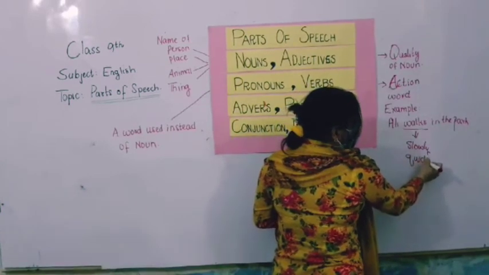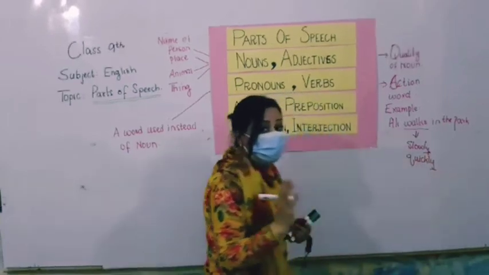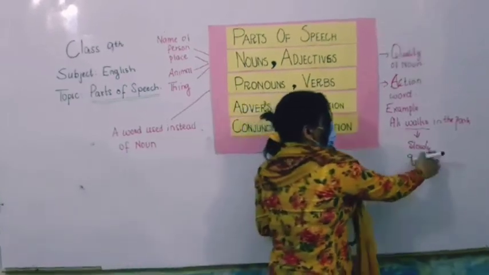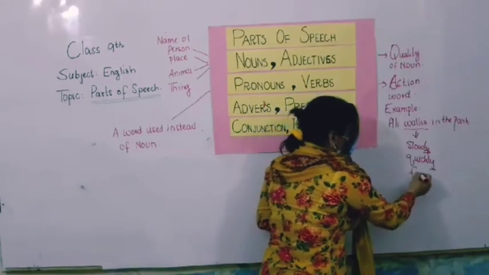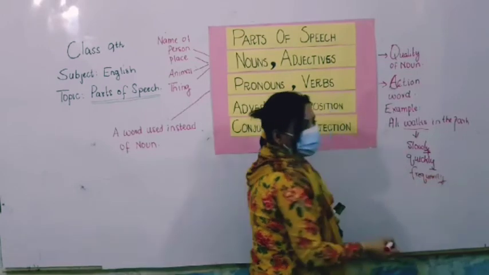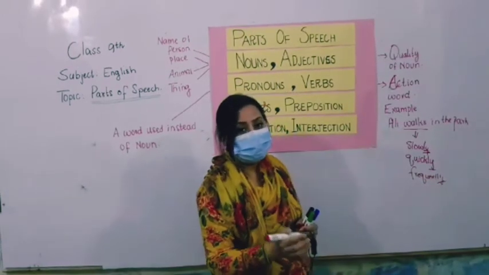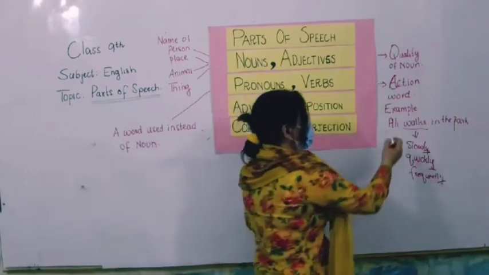So the most frequently used ending is the ly. Whenever you see words which have an ly at the end of them, they are called adverbs, and they further describe the type of action that is taking place.